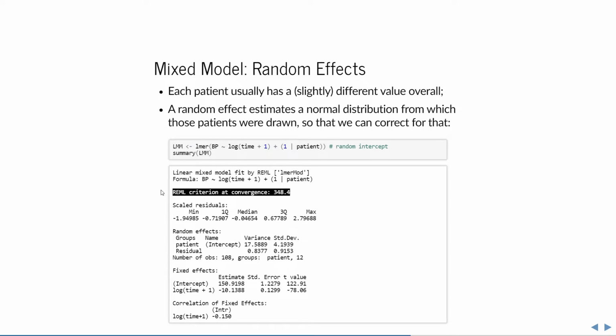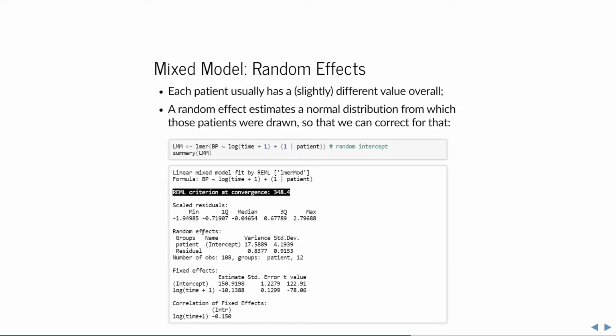Maybe it's too complex, maybe you misspecified the random structure, and then the convergence criterion should have changed after that. If it doesn't, then there's just probably a different problem going on. So that's what you can use the convergence criterion for.